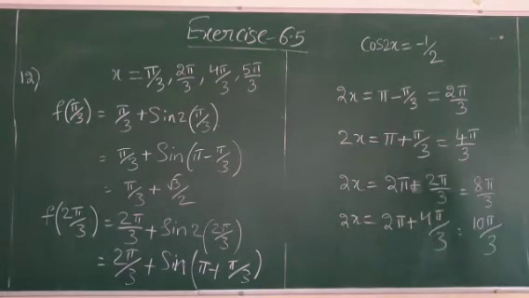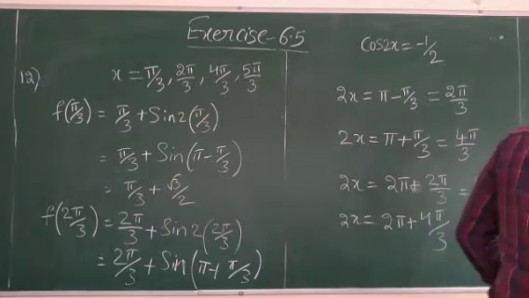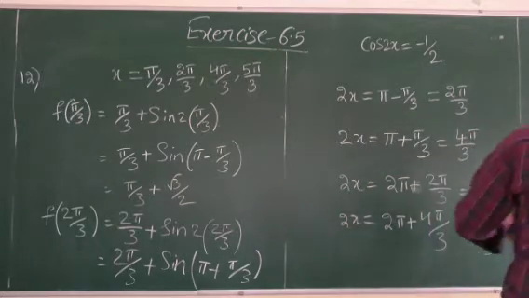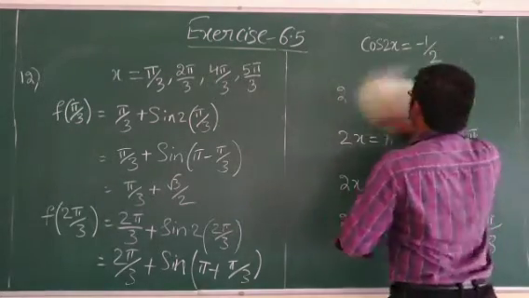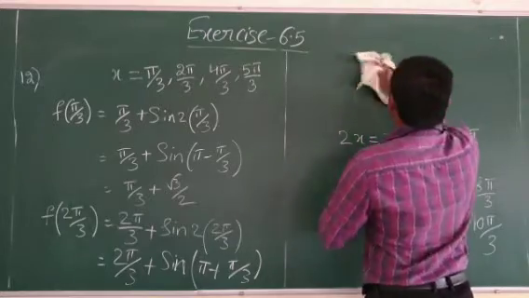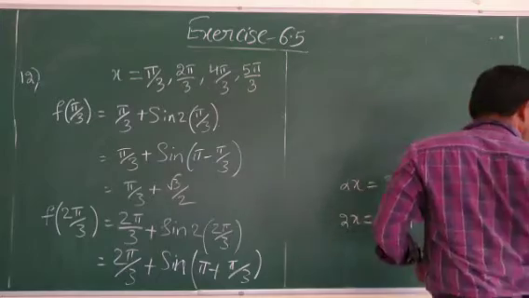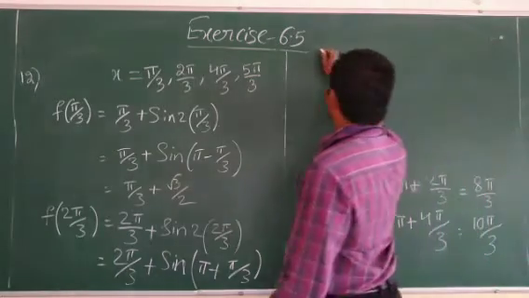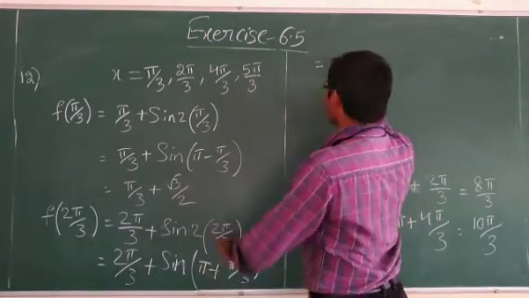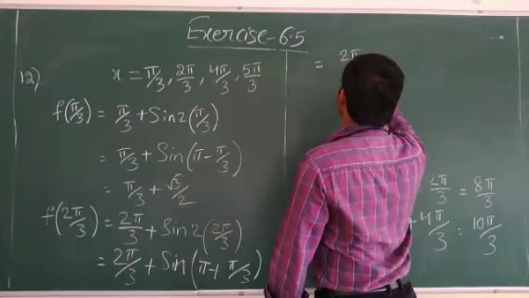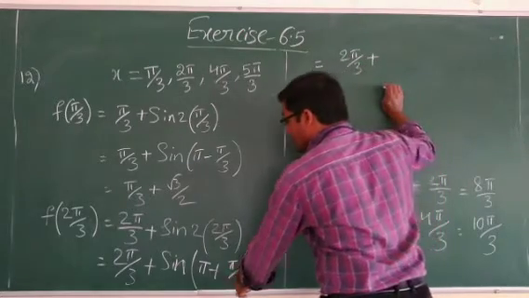So sine of pi plus pi by 3, that is equal to, we get 2 pi by 3 plus sine of pi plus pi by 3.